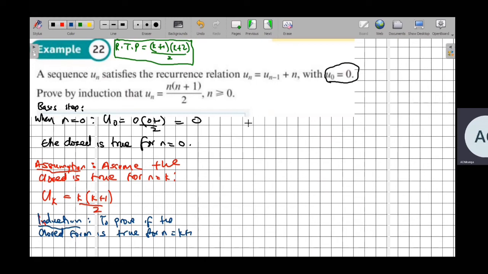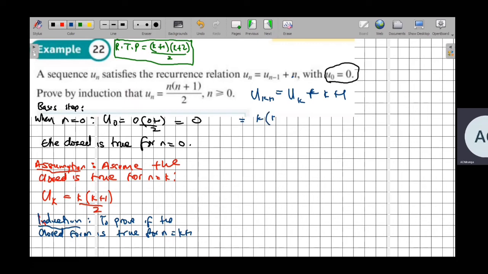Yes, we substitute k plus 1 here. We get u_(k plus 1). If you put k plus 1 here, you get u_k, isn't it? Then if you substitute k plus 1 here, you're just left with k plus 1. But we already know what u_k is from our assumption.